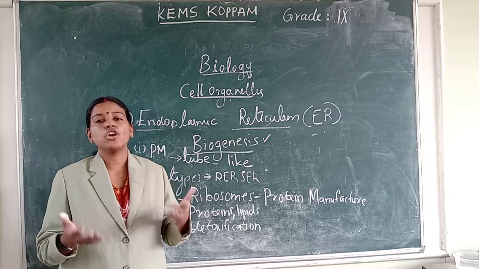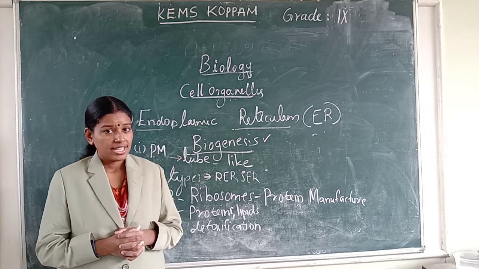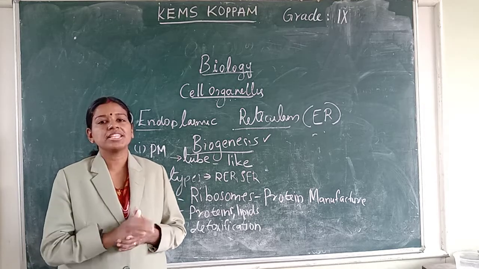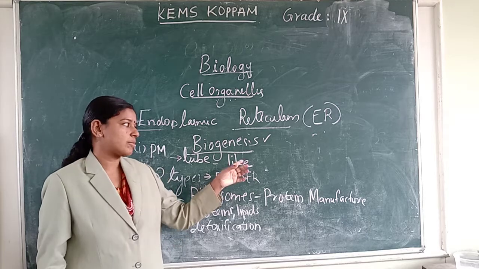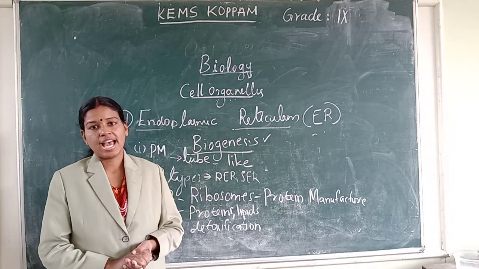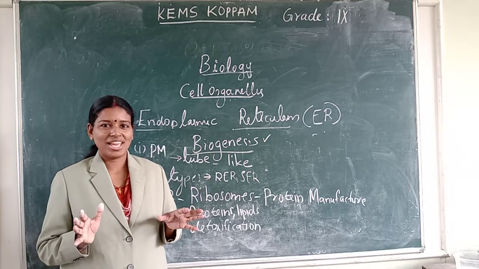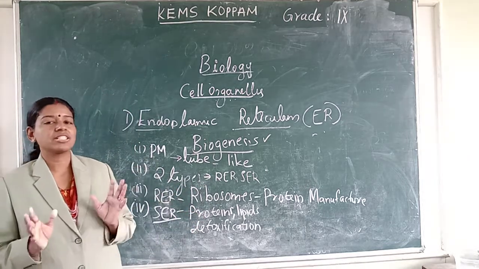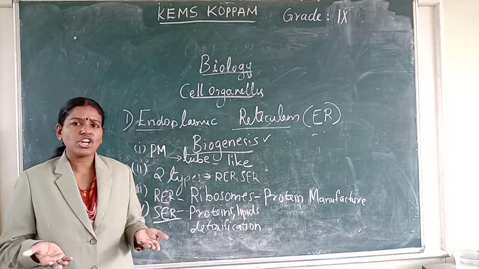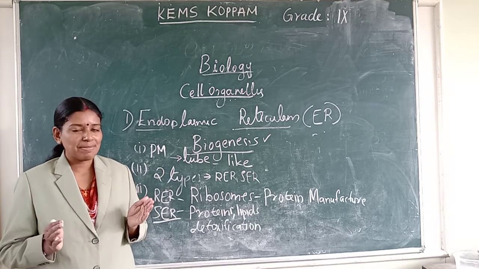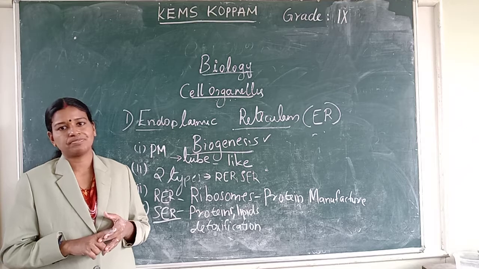RER, or rough endoplasmic reticulum, has granule-like structures called ribosomes on its surface, which make it seem rough. What is the function of these ribosomes? They help in protein manufacture.